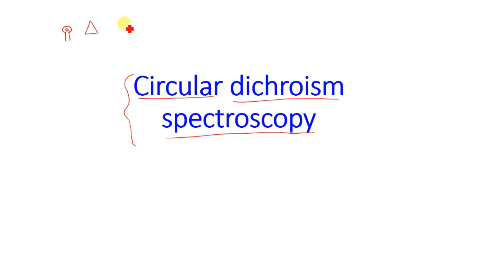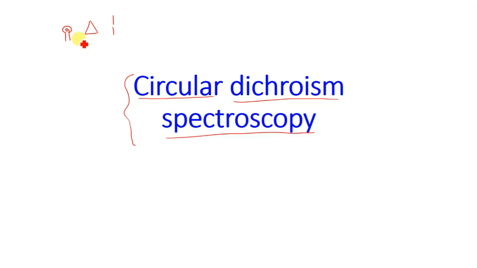Then this monochromator is associated with another slit which allows only a specific wavelength of the radiation to pass through.